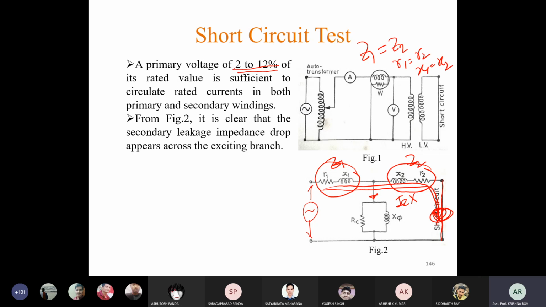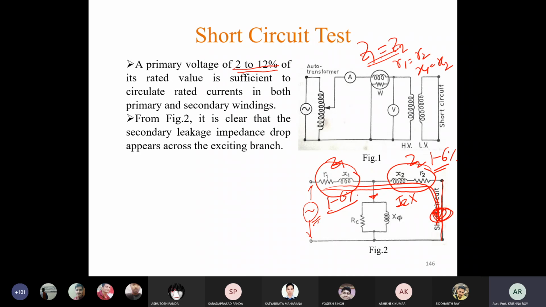So now see, we are applying 2 to 12% of rated voltage, and if these two impedances are equal, which means 1 to 6% voltage will be applied across this impedance and another 1 to 6% voltage will be applied across this impedance.